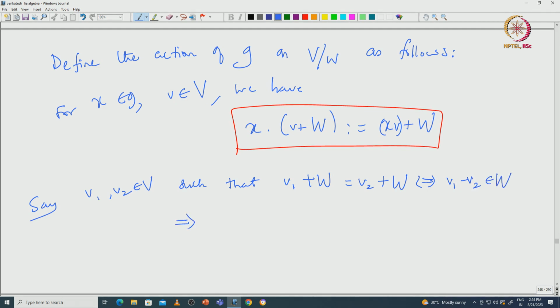Now you can see that because W is a submodule, if you act with x on this v1 minus v2, this is again an element of W, as W is a G submodule.